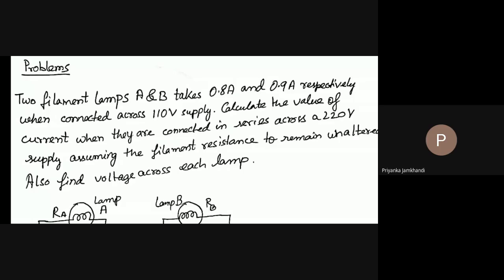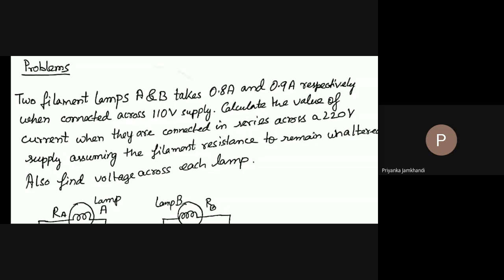So two lamps taking two currents. This much is the first statement, when connected across a 110 volt supply. So the supply voltage is 110 volt. If lamp A and lamp B are separately connected to a 110 volt supply, then they take the currents 0.8 ampere and 0.9 ampere respectively, right?